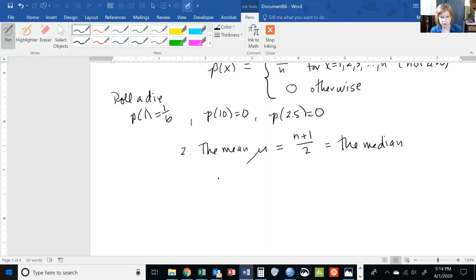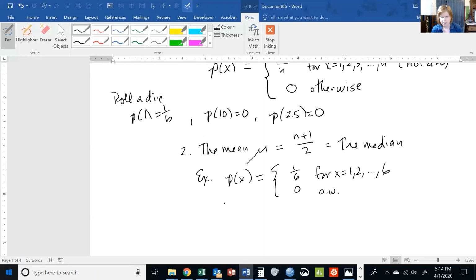Let's go back to our example with our die. For the roll of die, if we use the fancy way of saying it, p of x is 1/6 for x equals 1, 2, ... 6, and 0 otherwise. You can abbreviate that with OW if you like.